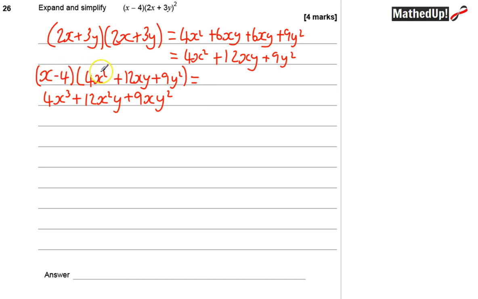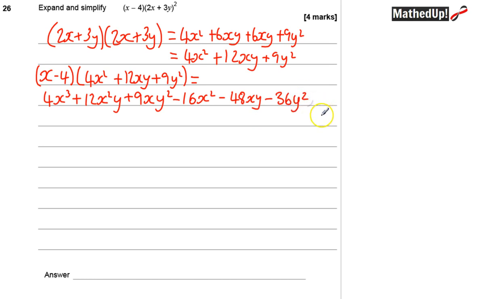Take away 4 times 4x squared, so that's going to be take away 16x squared. And then I've got this negative 4 times 12xy, which is going to be take away 48xy. Negative 4 times 9y squared is going to be take away 36y squared.